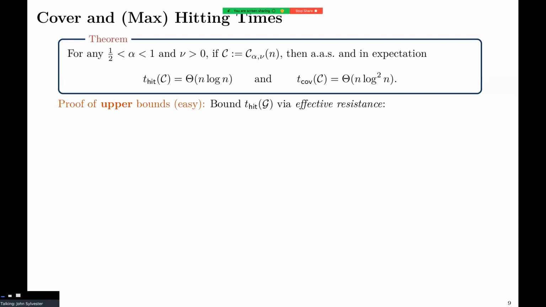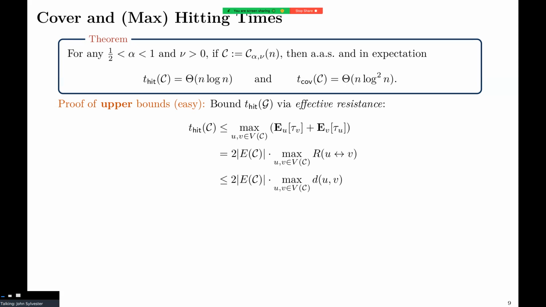Well, the upper bounds are very easy. We'll begin with t hit, the maximum hitting time. This is at most the maximum commute time, which is equal to the maximum resistance times the number of edges, by our commute time formula. Resistance between any two points is at most the distance between the two points, because by Thomson's principle you can just send all the flow down the shortest path.